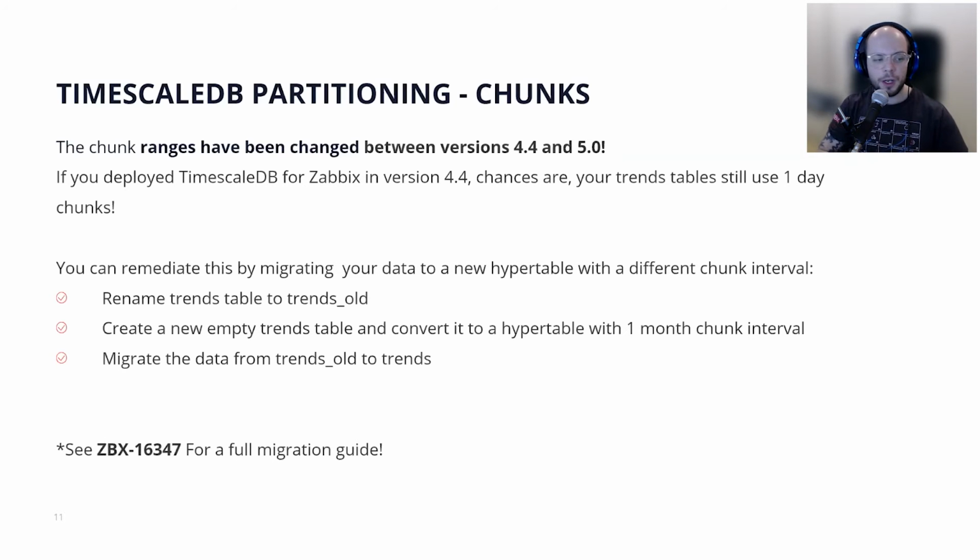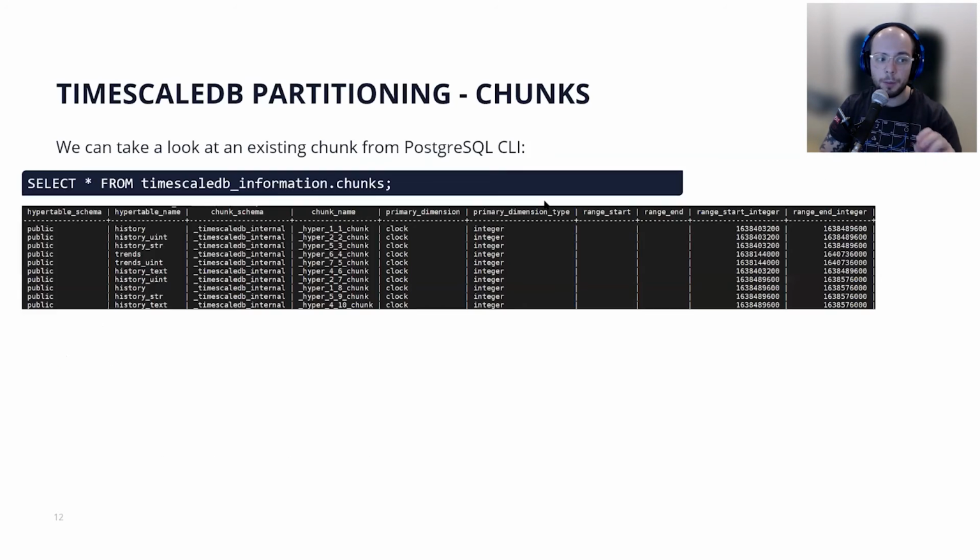With the migration guide in this ZBX, it's relatively simple, right? The ZBX at the bottom, you can just follow those steps. If you have deployed Zabbix from 5.0 or newer, then you don't have to worry about it. You already have monthly trend chunks, so you're good to go. But if you were using 4.4 at some point, or an older version, then be careful and double check. And we will look at how we can check this in a moment.